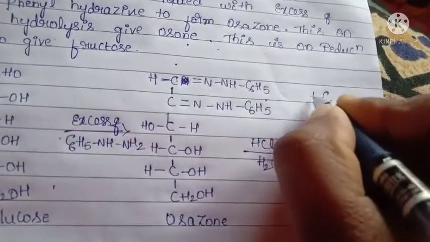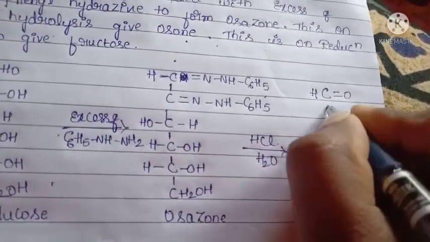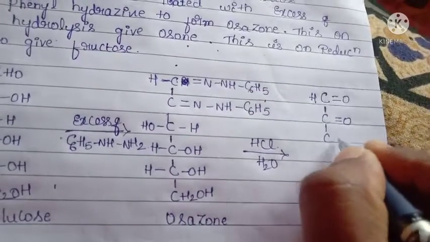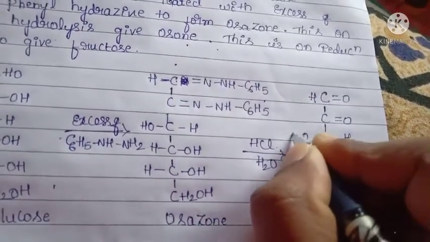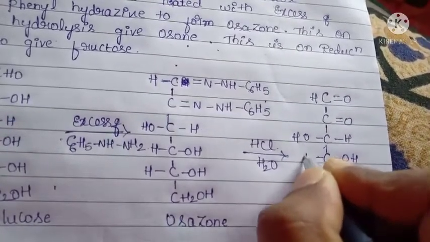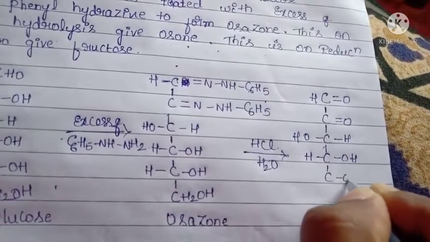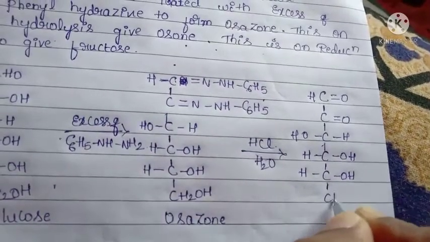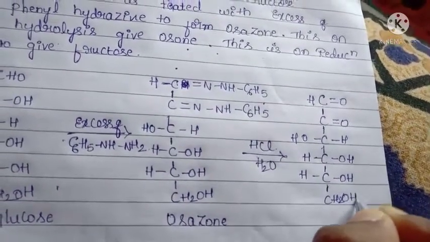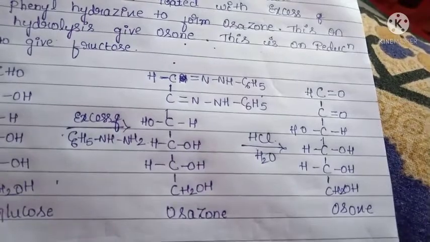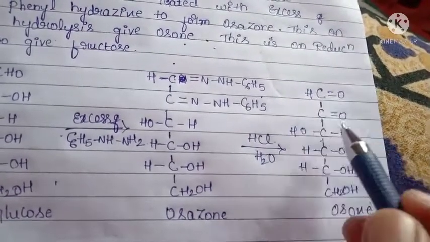So then CH double bond O, then C double bond O, then CHOH, CHOH, CHOH, then CH2OH. Okay, this is the osone, not ozone, this is the osone, because two double bond O, C double bond O groups are produced.